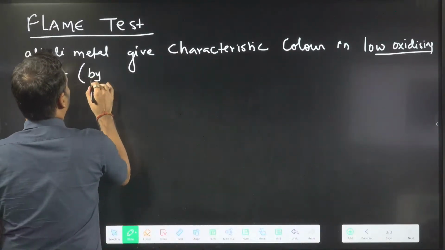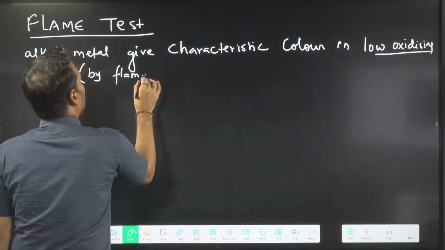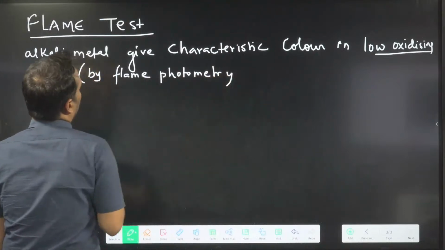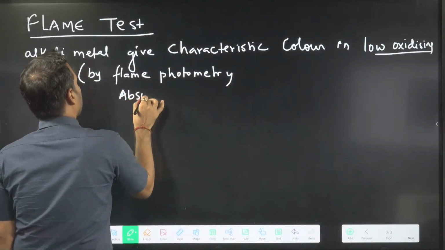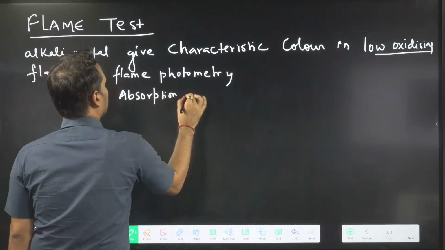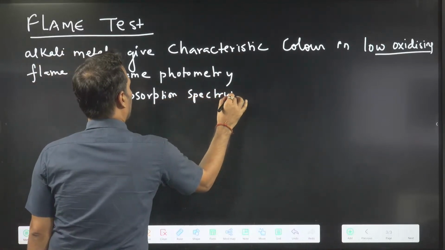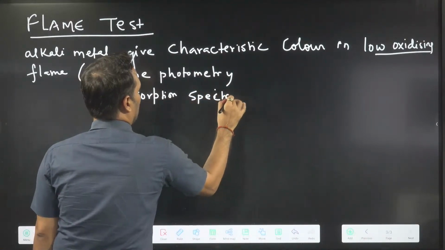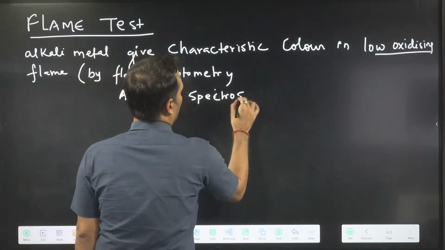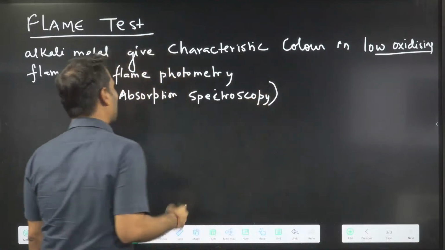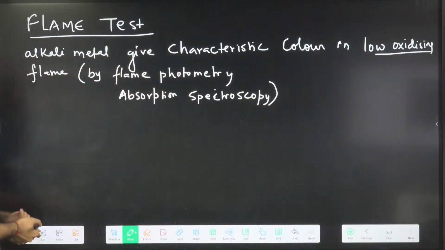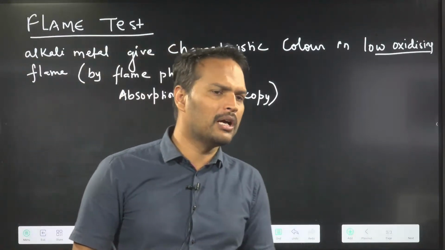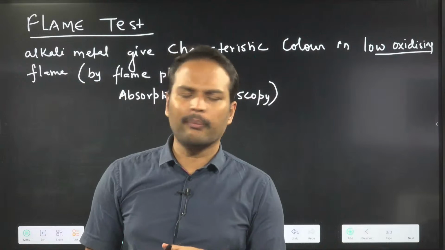The process names are written, like flame photometry, and then absorption spectrum, spectroscopy. So these are the methods, not required. Then they are saying how this color comes if you are heating in a flame.